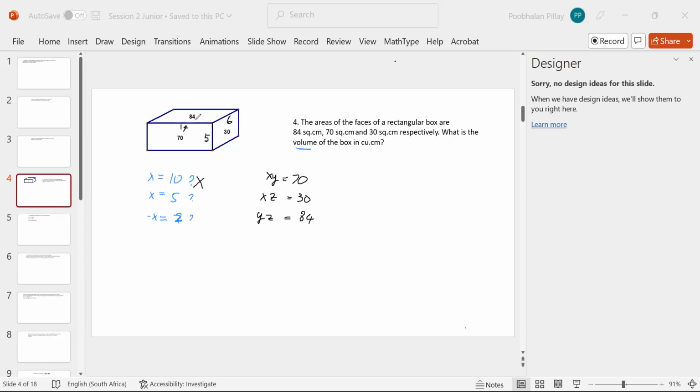And 14 times 6 is 84 if you multiply it out. Bingo. So we have x, y, and z. So the volume that you're looking for, x, y, z, is 5 times 6 times 14. And as we saw before, if you multiply this, you get 420. So this is another way of solving the same problem.